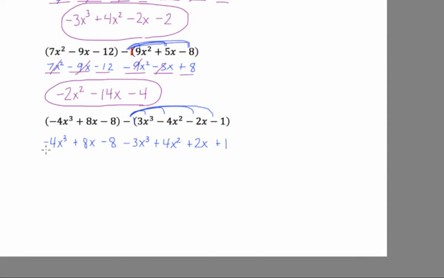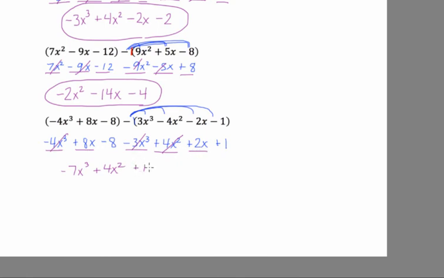Now I just add up my like terms. Negative 4x cubed and negative 3x cubed makes negative 7x cubed. There's only one x squared term. Positive 8x and positive 2x are like terms.